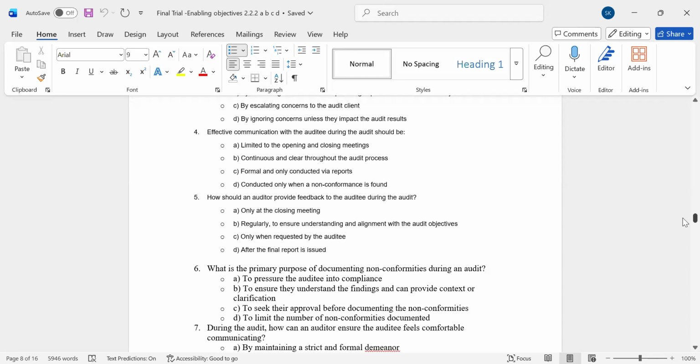Communicating is both ways, if I'm not wrong. So there's a minor difference: feedback means observation at the end of any process, and communication is during the process, when you are doing the discussion. Correct.